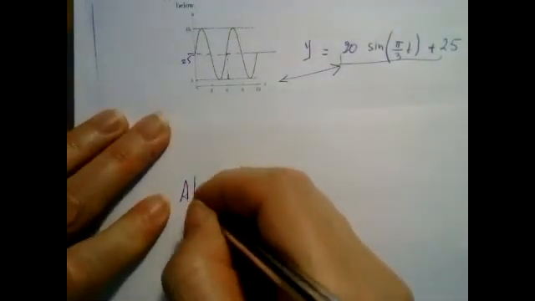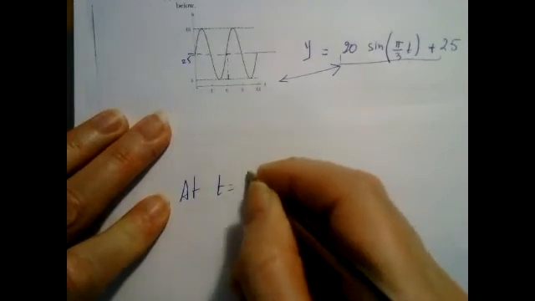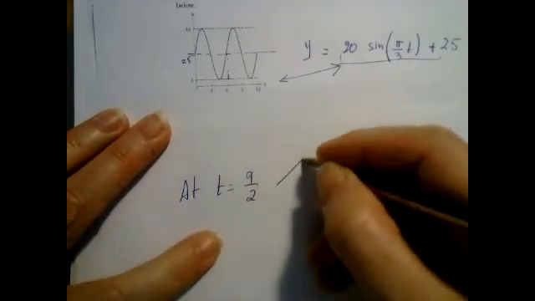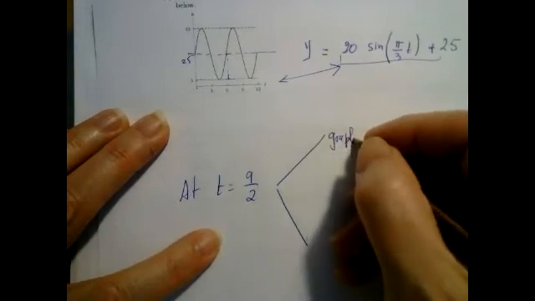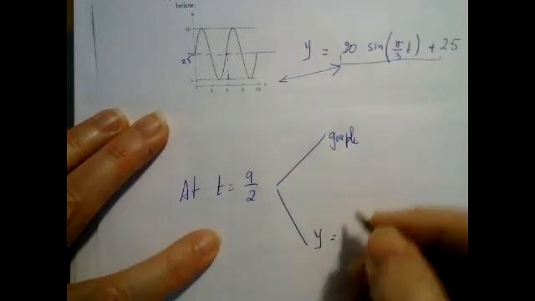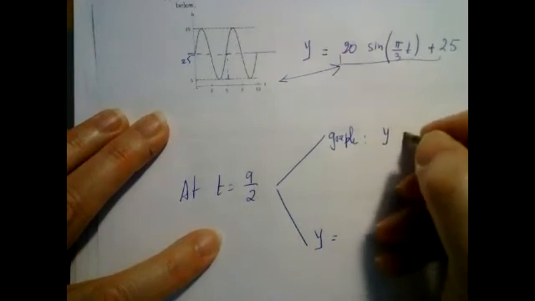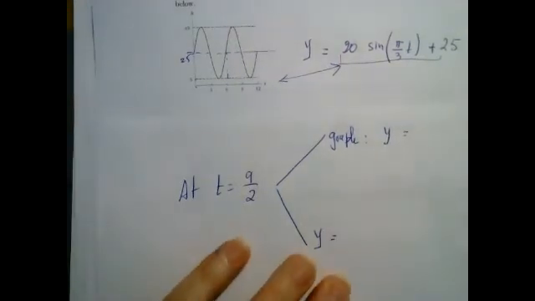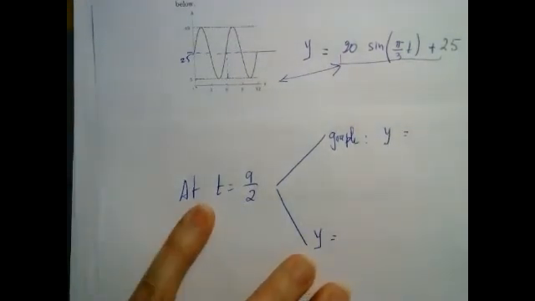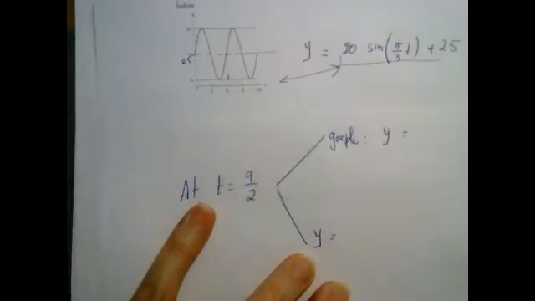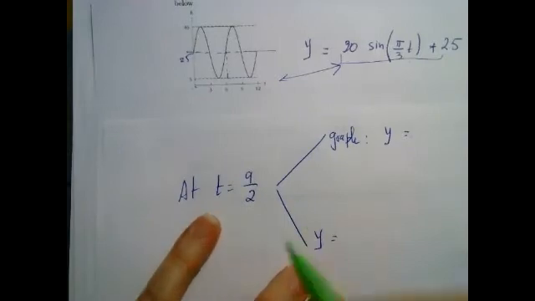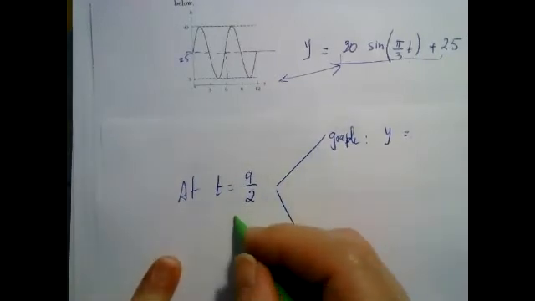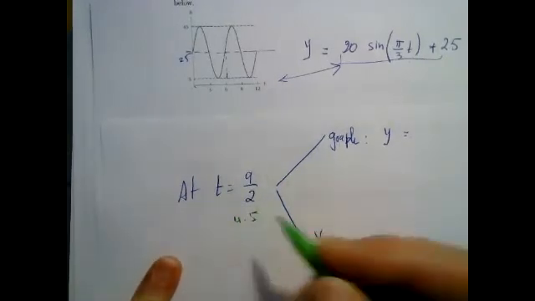At t equal 9/2, I'm going to do two things. What does the graph give you? And what does the formula give you? Okay, the graph. Can you guys see the graph? What's 9/2? 9/2 is 4.5.